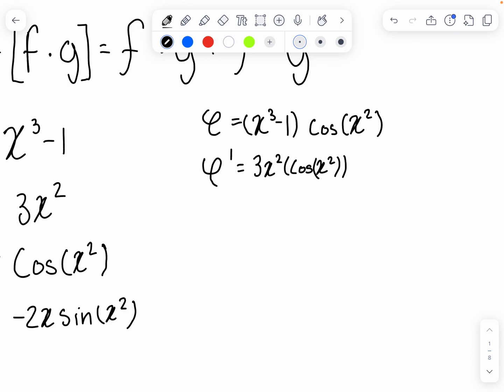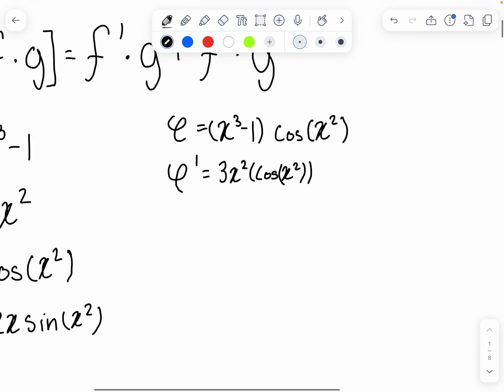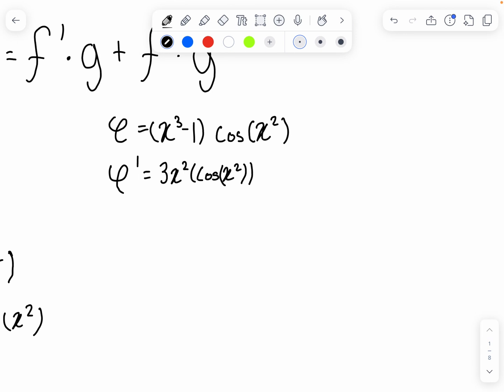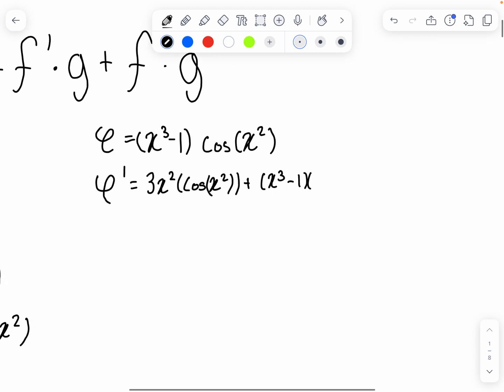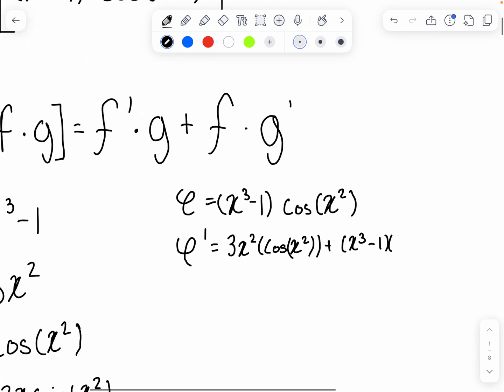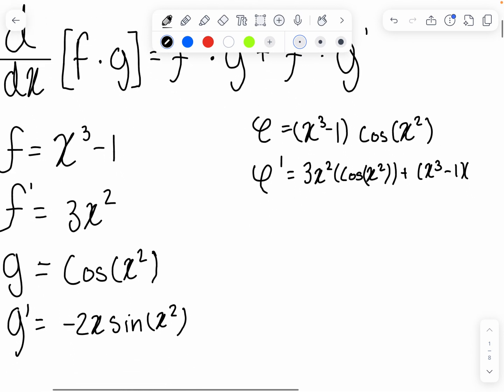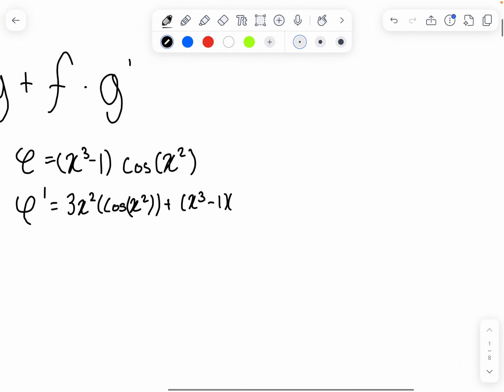I like adding the parentheses there because it just makes it look more clean. But anyways, cos x squared, plus the normal f, so that's x cubed minus 1, times what was negative 2x times sine x squared. And this time I'm going to put this negative 2x as a group itself.